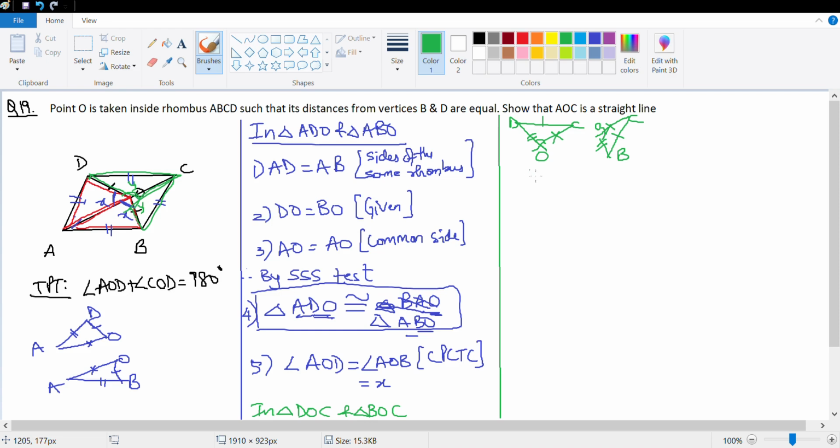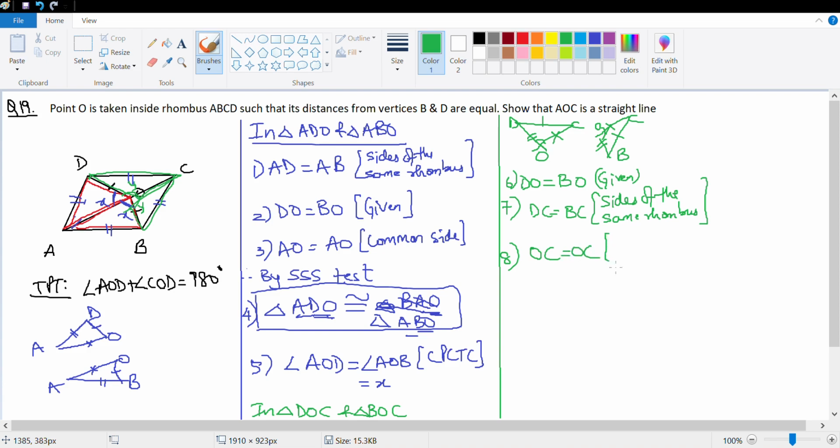First, let's start writing. So number 6, DO is equal to BO. This is given. Next, BC is equal to BC. These are sides of the same rhombus. Done. And then the last part is OC is equal to OC, common arm.